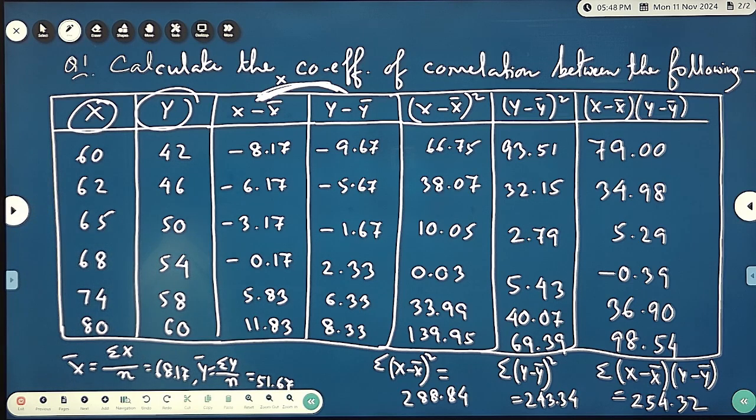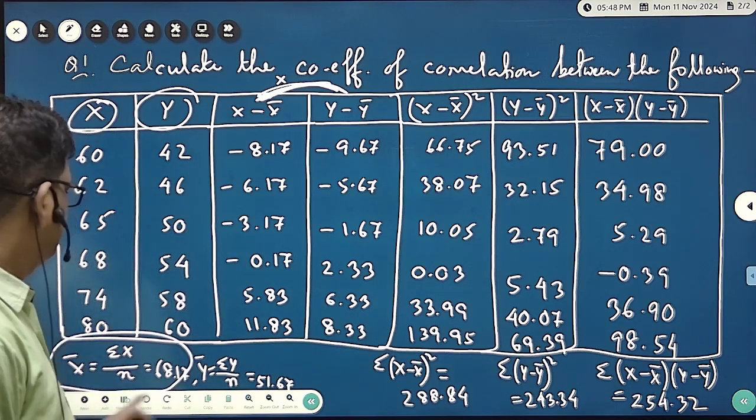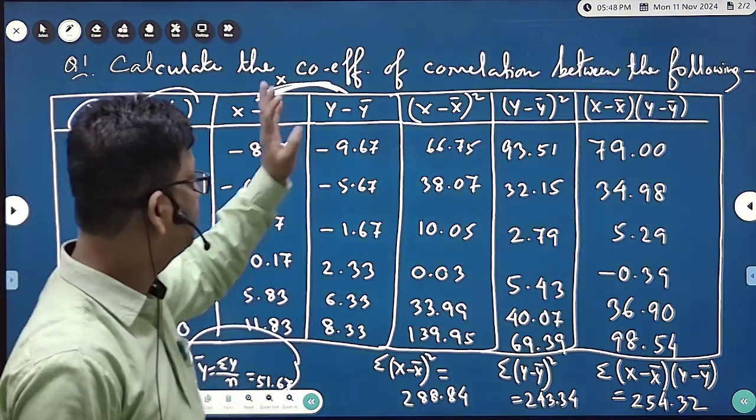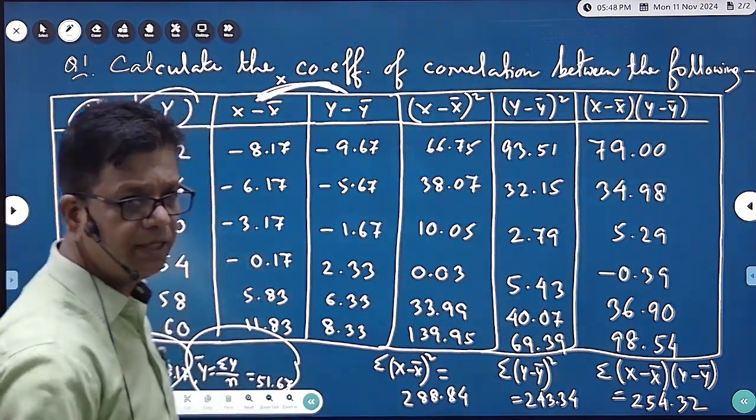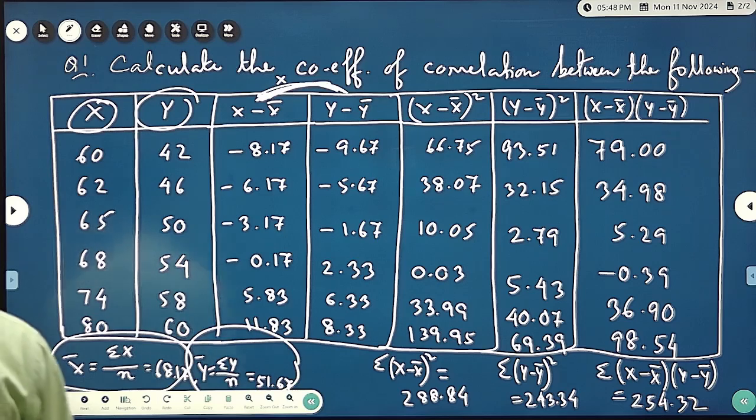So it is even much easier, because in the earlier method we had to find x bar, find y bar, subtract, square, yes or no? But in this alternate method, you don't have to do any mean and all, just direct x, y, x into y, then x square. But the formula will be different. Look at the formula given in the next page.